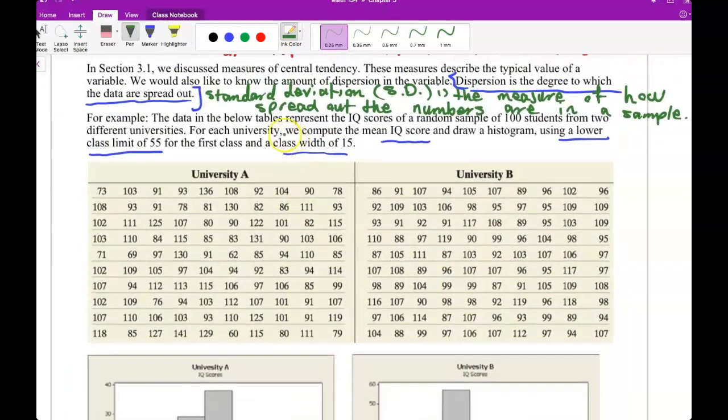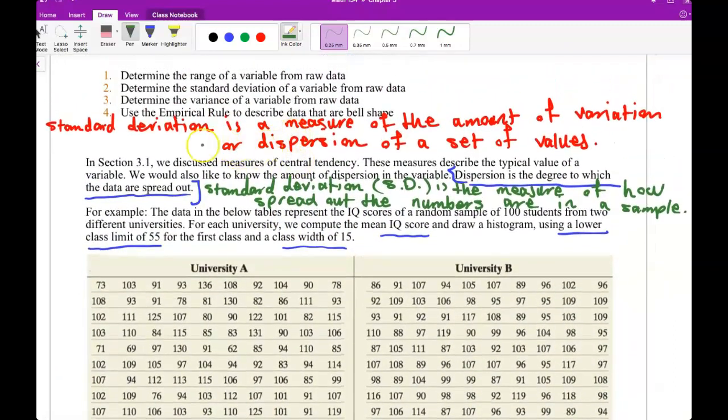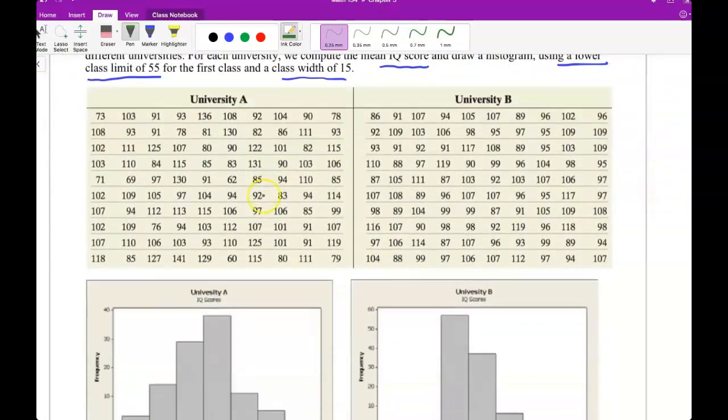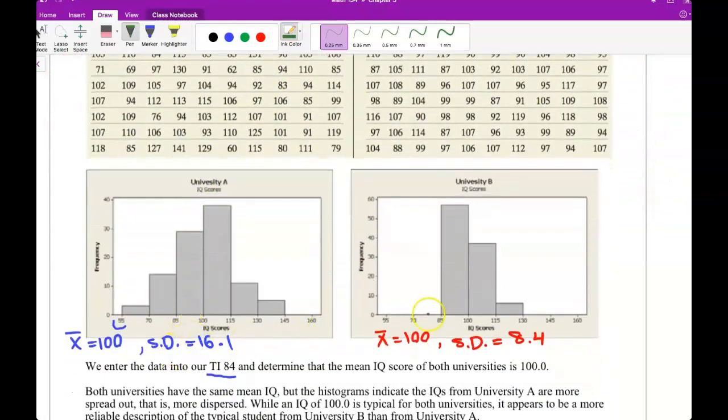Based on the definition we had here, that the standard deviation measures the variation or dispersion, comparing these two, the standard deviation for University A is larger than what we have for University B. What that means is that on this part we have more dispersion, and here we have less.